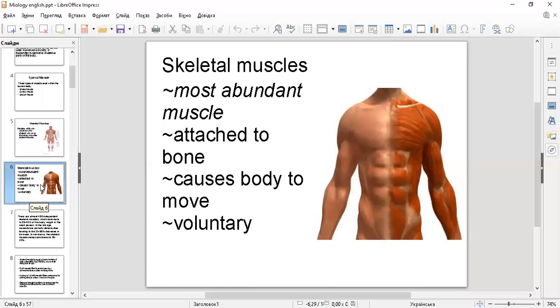Skeletal muscles: the most abundant muscle, attached to bone, causes the body to move, voluntary.